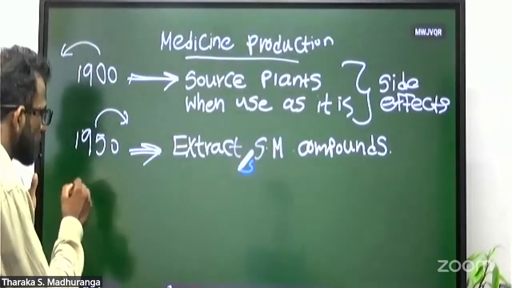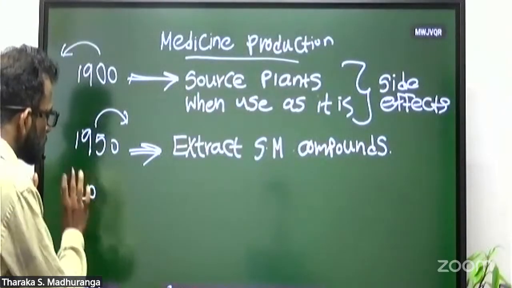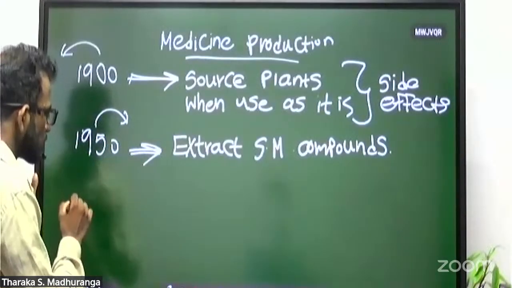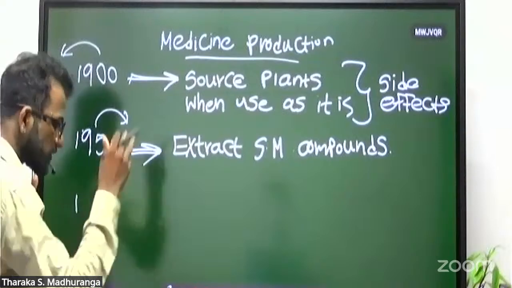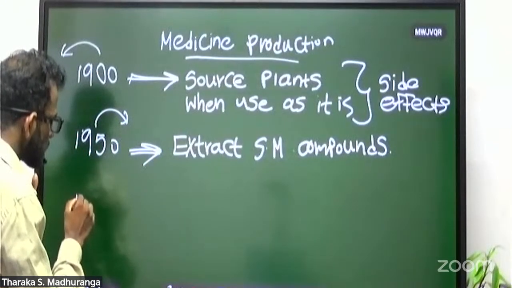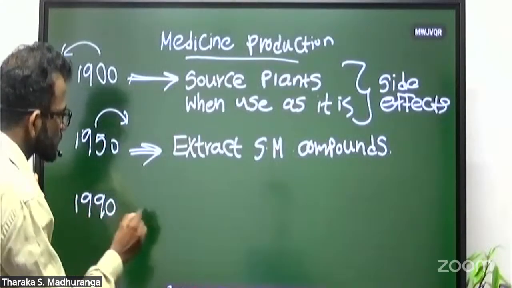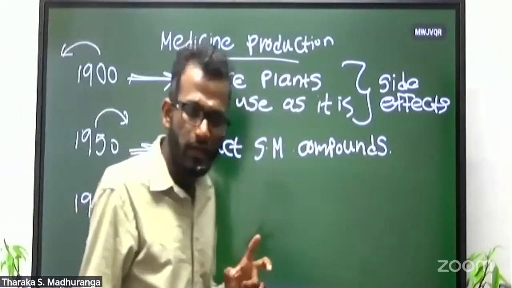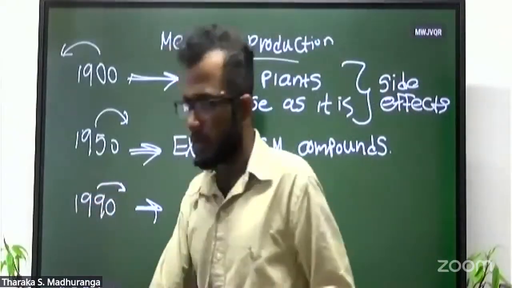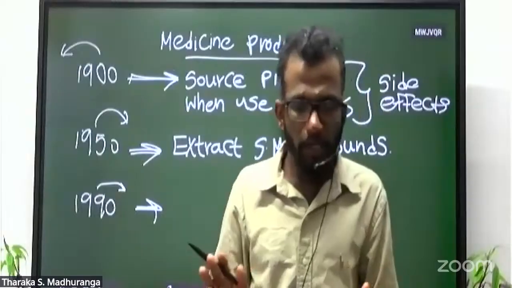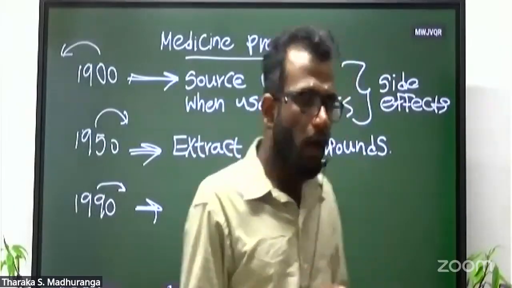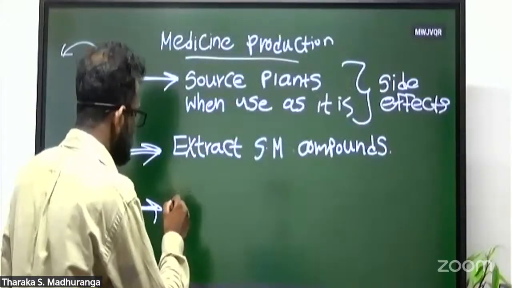Therefore, at the present, that means after 2000, or we can't say exactly, after about 1990, after 1990 or so, the world tried to produce medicine by artificially synthesized methods.